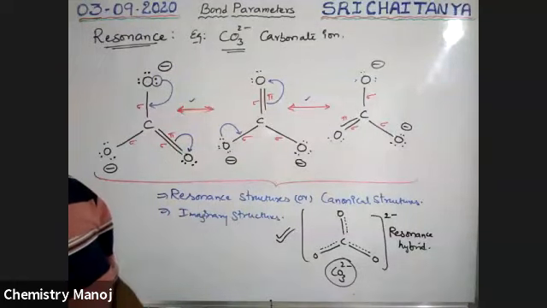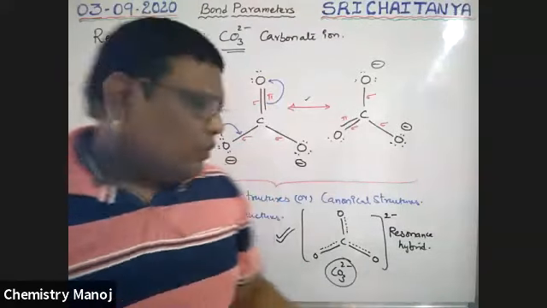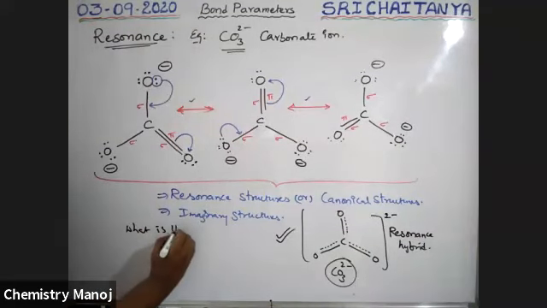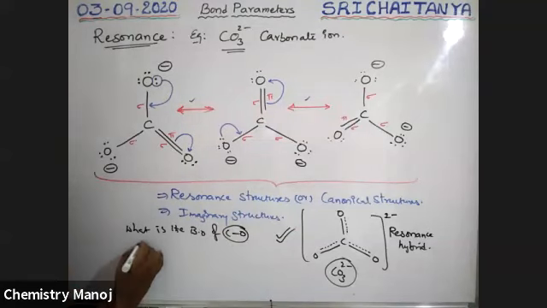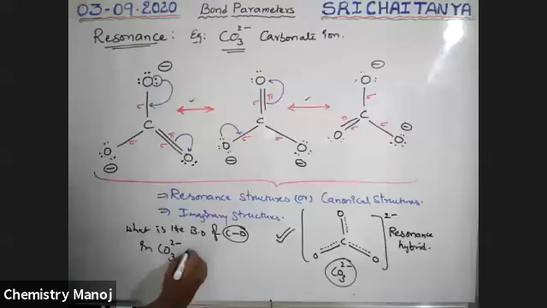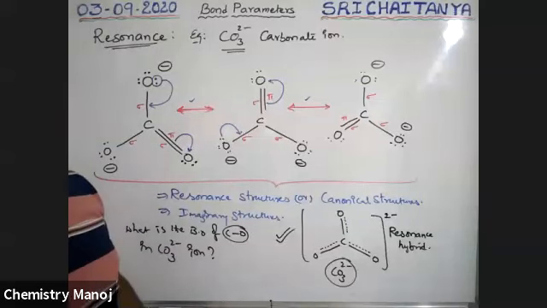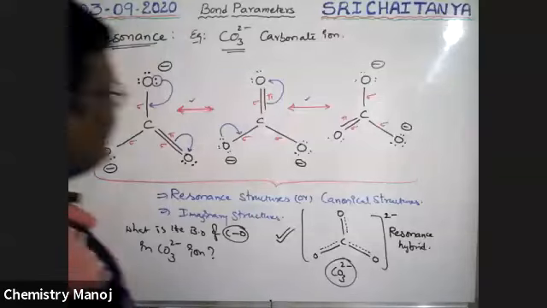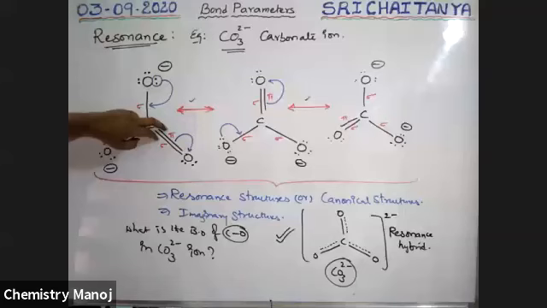Okay. So now my question is, what is the bond order of CO in the CO3 2 minus ion? CO bond is there. What is the bond order? See, boys, here bond order is 1, here bond order is 1, here bond order is 2.